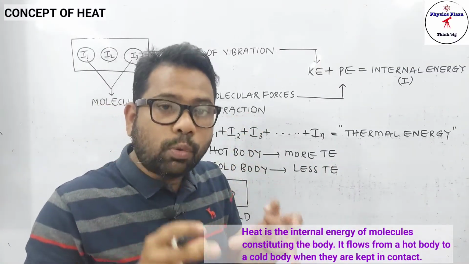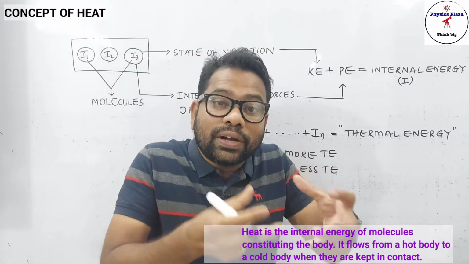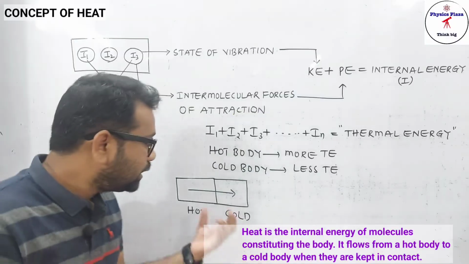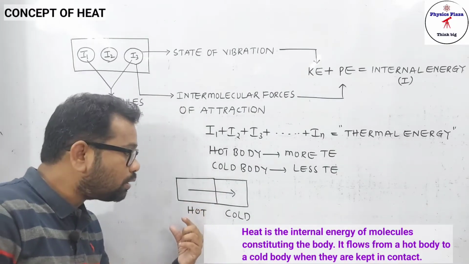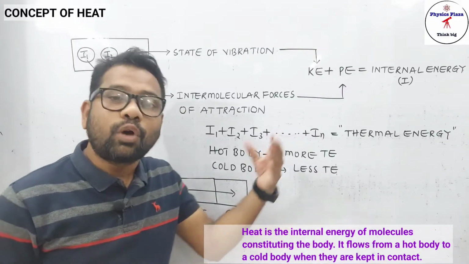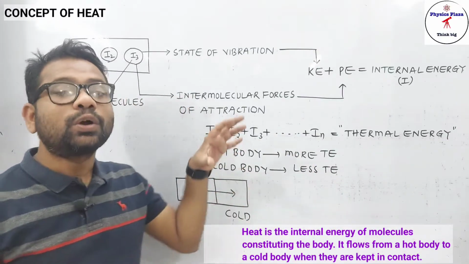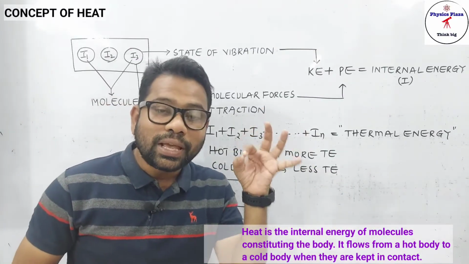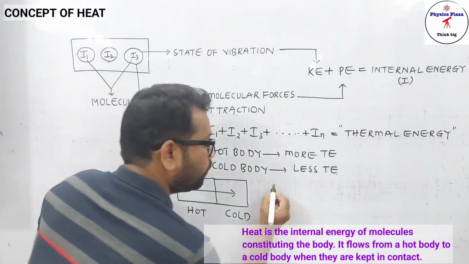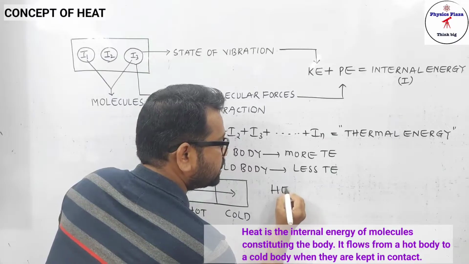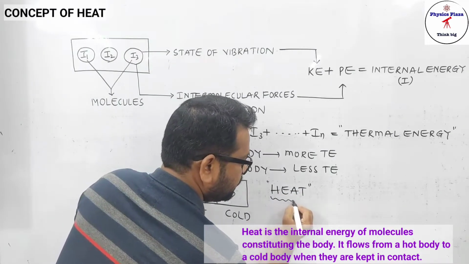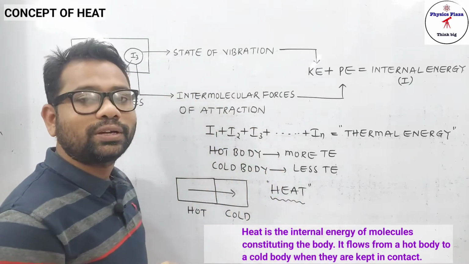When these two bodies with different thermal energies are brought in contact, energy flows from the hot body to the cold body, due to which the cold body warms up whereas the hot body cools down. This energy which is flowing from the hot body to the cold body only, we call heat energy, that is heat. Let me make it clear, very important.